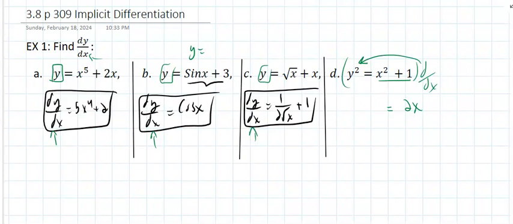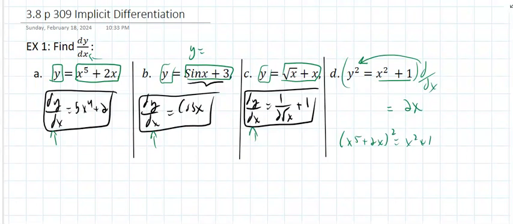And the reason we have a problem is we don't know whether y is x to the fifth plus 2x, or it's sine of x plus 3, or it is square root of x plus x. If y was a, then this would have said x to the fifth plus 2x, squared, equals x squared plus 1.